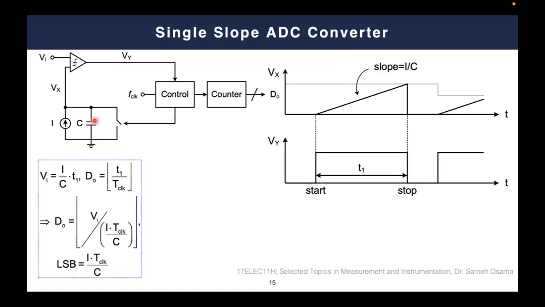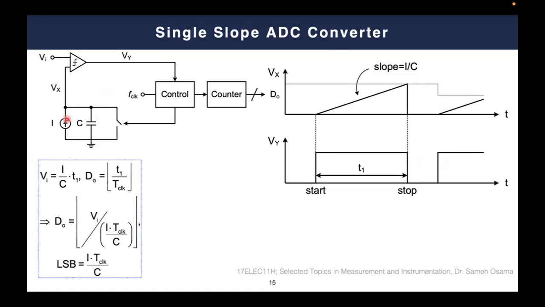If you are inserting a 200 picofarad capacitance, and this 200 picofarad capacitance is not 200 picofarad, it's 210 picofarad, this will affect the slope of this line, and this will affect the time, and will affect everything, and so on. The same applies to the current source you are inserting, and so on.